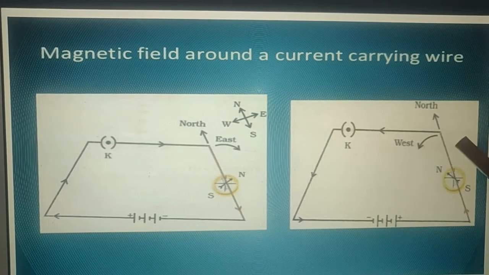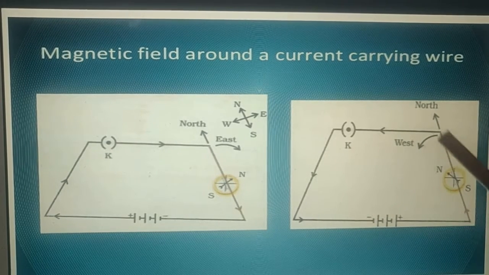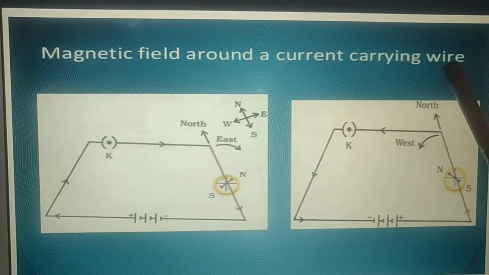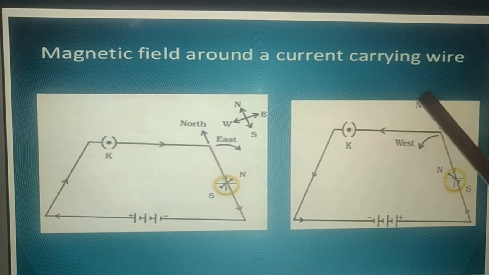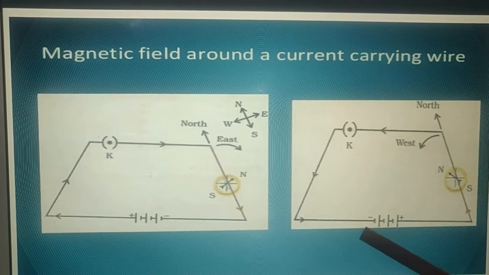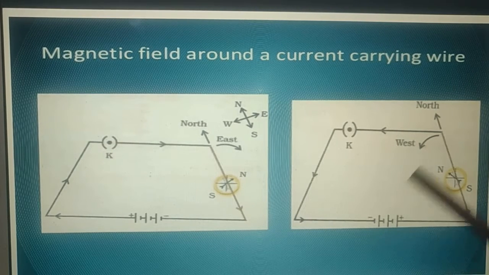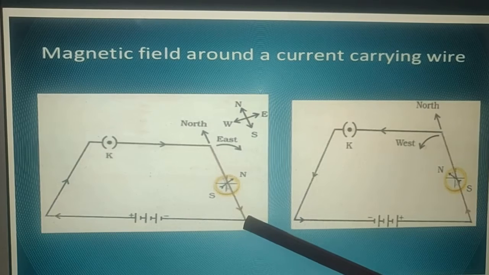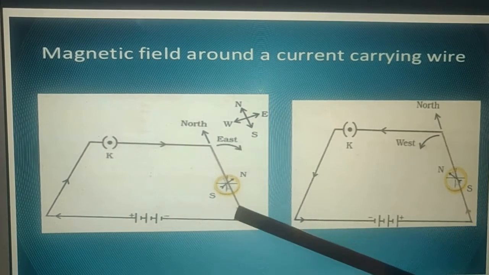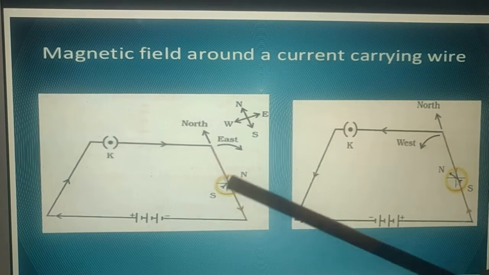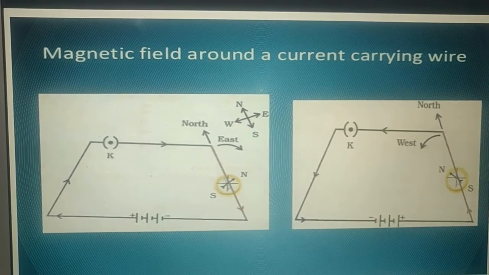When the direction of current is flowing over the needle from south to north, then this needle will deflect towards the north to south, and in this case, when the current is passing in the opposite direction from north to south, then the needle will deflect towards east.